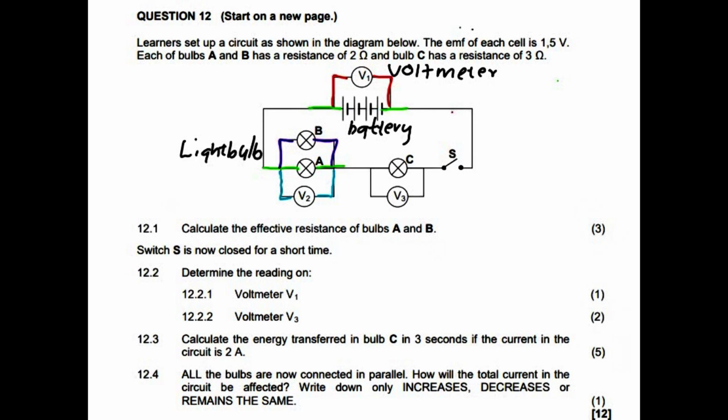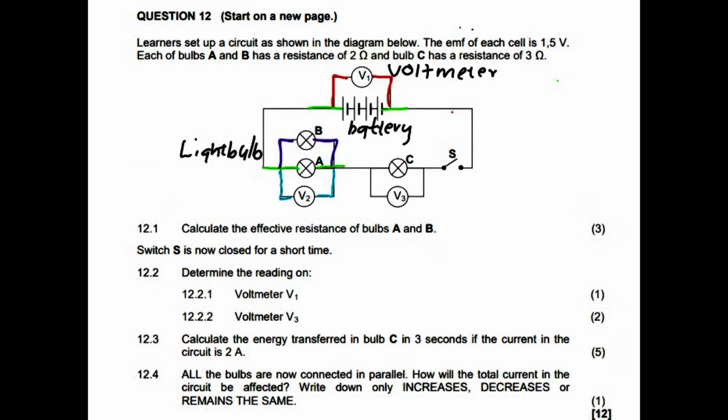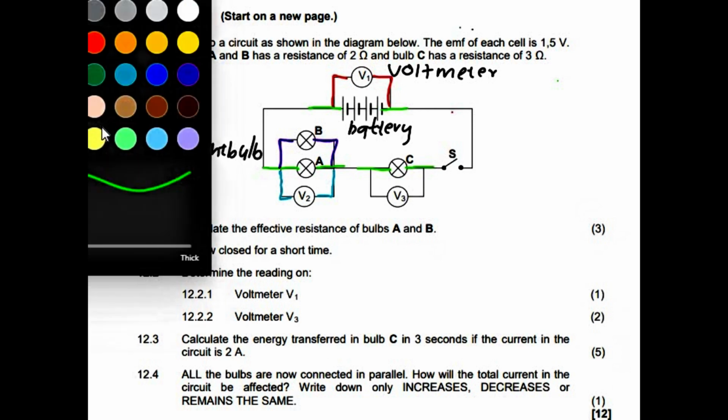Now, if we go a step further, you can also see that underneath or next to light bulb C, there is connected a voltmeter. That voltmeter is labeled V3. So this voltmeter is again connected in parallel to light bulb C. As I've mentioned, voltmeters are always connected in parallel. So this light bulb C is in this line or branch, and now the voltmeter, which color haven't I used?